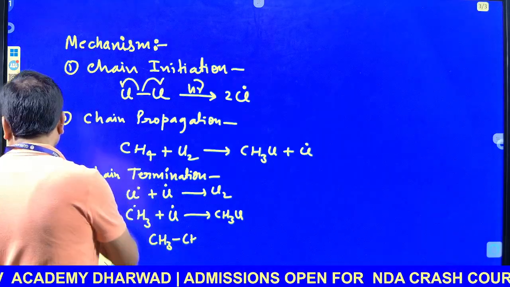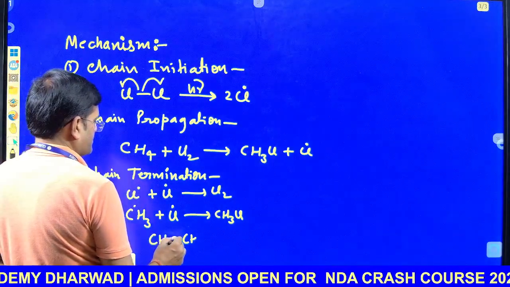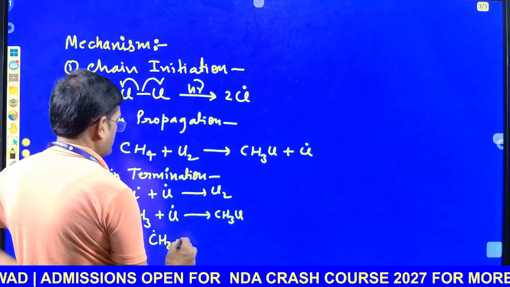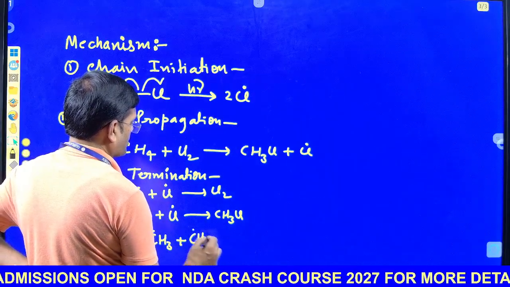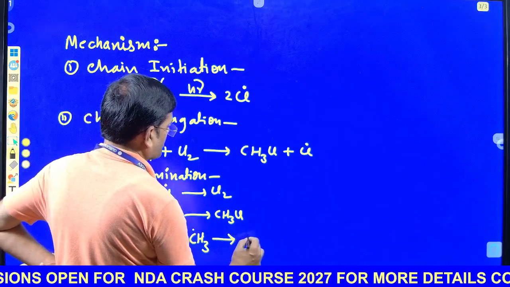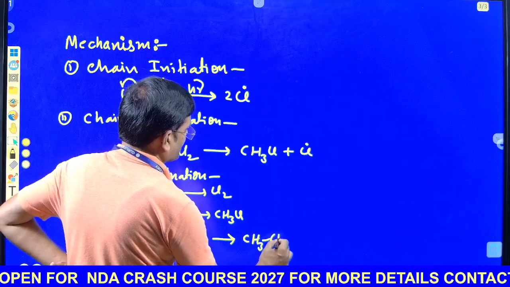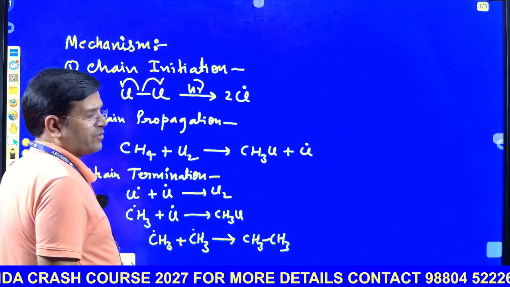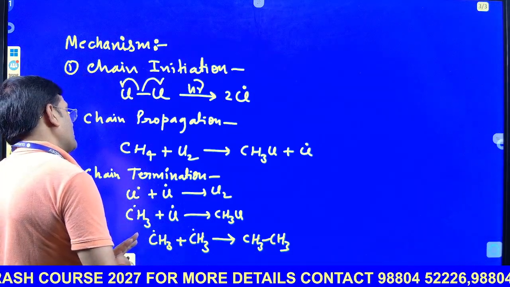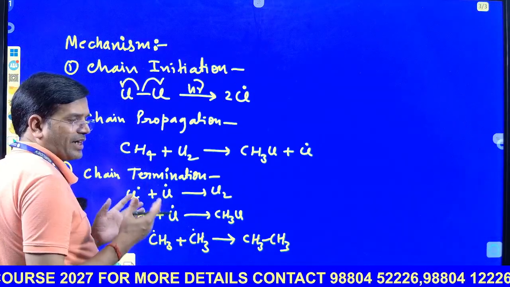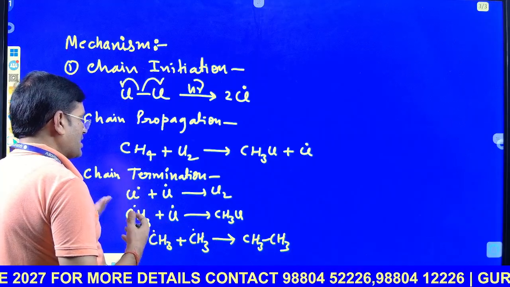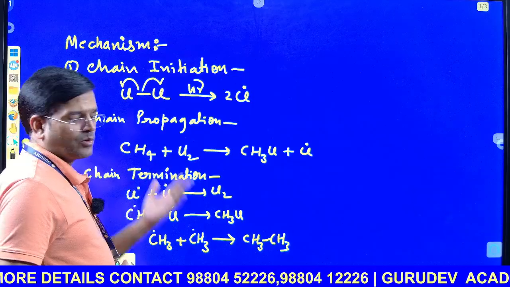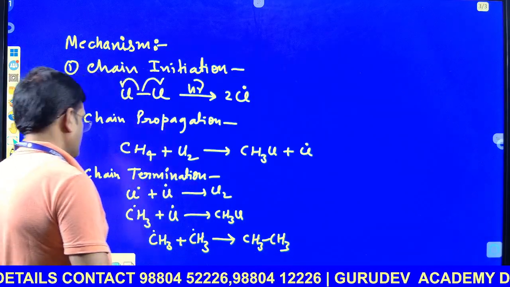if a methyl free radical is formed, CH3 dot with CH3 dot is going to give CH3CH3. Actually, in this reaction so many side products are formed. That's why, in order to prepare the halo derivative, this is not the appropriate way, but we do carry out the same reaction under controlled conditions, so we could have the monochloro substituted product, right?